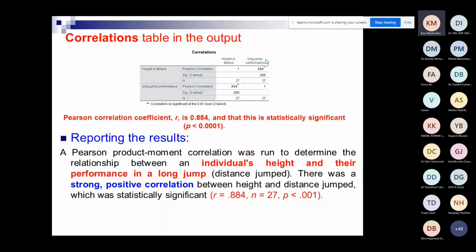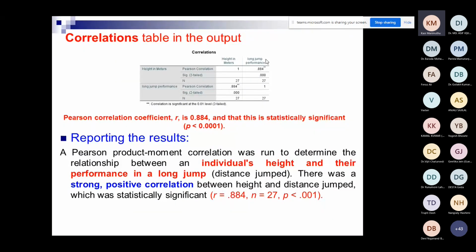The results reveal a strong positive correlation between height and long jump performance, which is statistically significant. Then we write Pearson correlation R equal to 0.884, the number of observations N equal to 27, P less than 0.0001. Even at less than the 1% level of significance, the study shows statistically significant evidence.